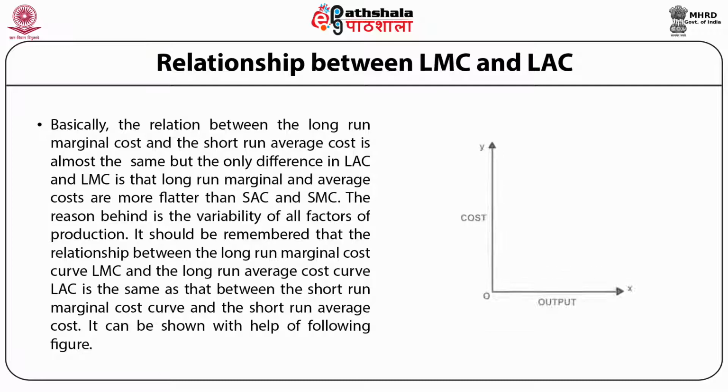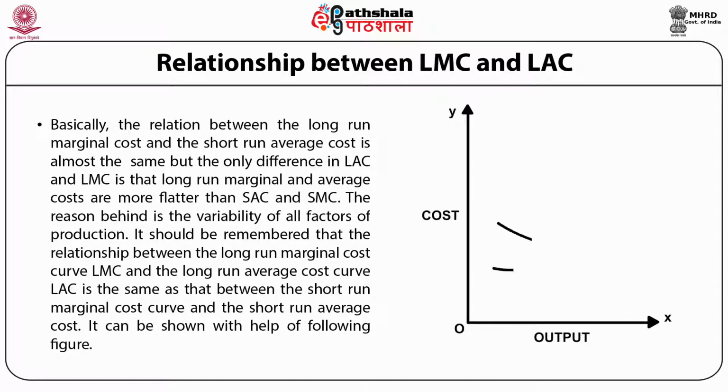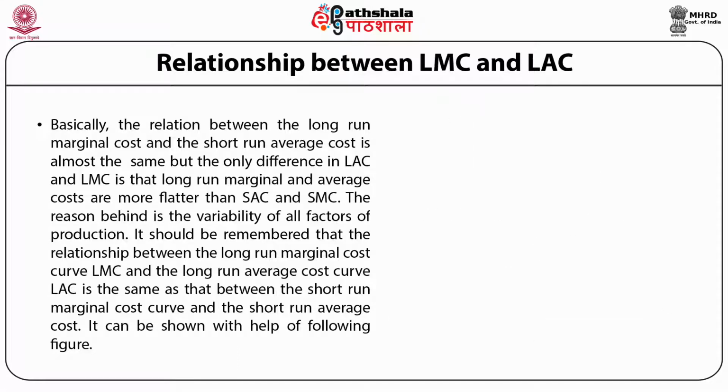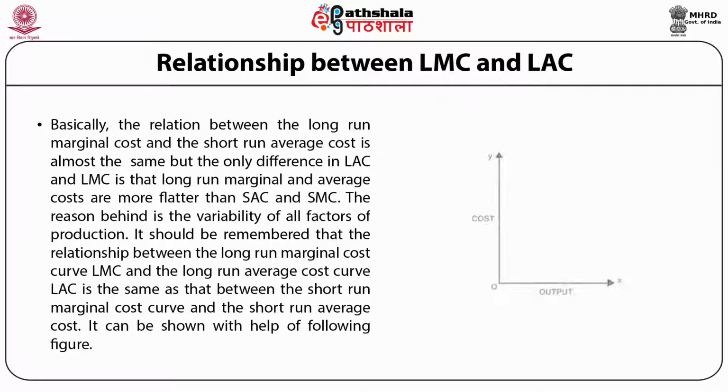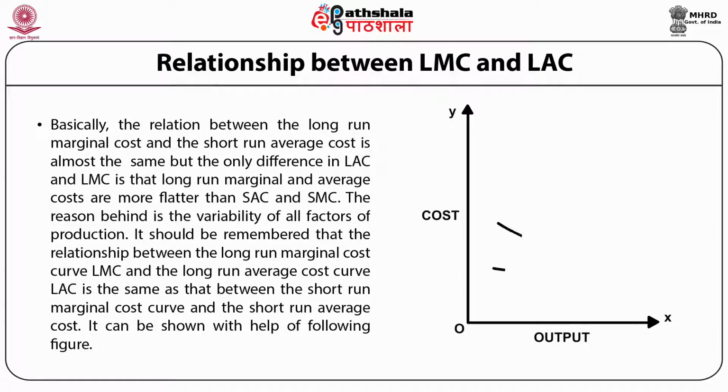The reason behind this is the variability of all factors of production. It should be remembered that the relationship between the long run marginal cost curve LMC and the long run average cost curve LAC is the same as that between the short run marginal cost curve and the short run average cost. It can be shown with the help of the following figure also.